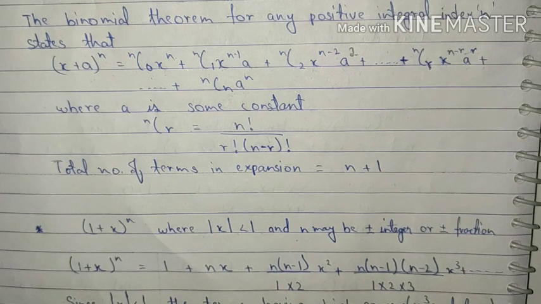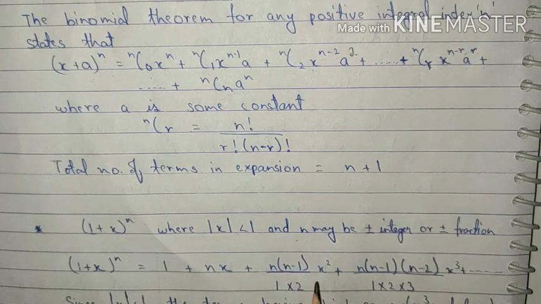In such a situation, using binomial theorem, we can express (1 + x)^n as 1 + nx + n(n-1)x^2/(1·2), and so on.